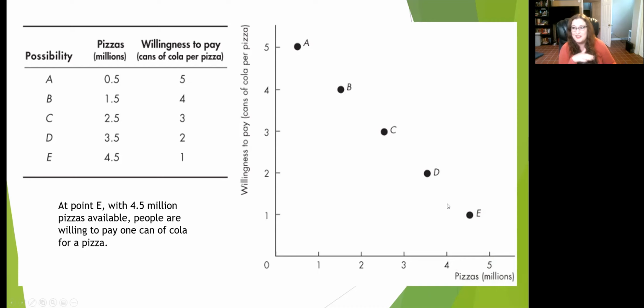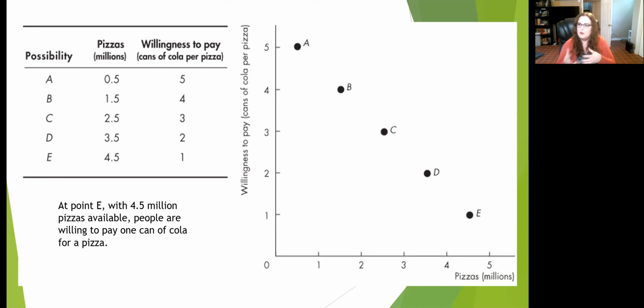So I don't have a lot of soda left. So if someone keeps offering me pizza, if they want me to go to 4.5 million pizzas when I'm at 4 million pizzas, I might be like, oh man, I'll take these pizzas. But I'm not paying you the 5 sodas of pizza I paid for in the beginning. I'm paying you 1 soda. 1 soda each. Here's 1 soda for each pizza. Thank you.